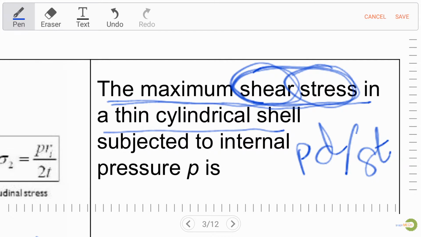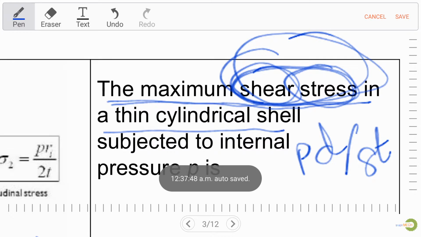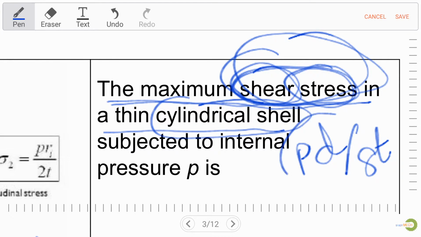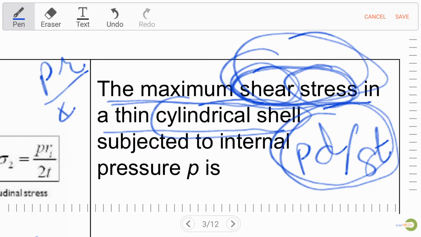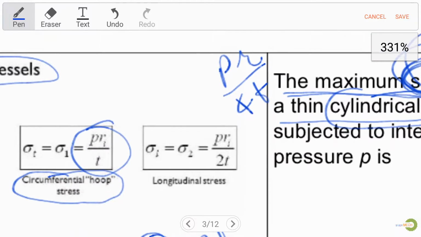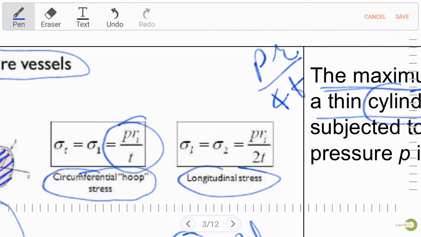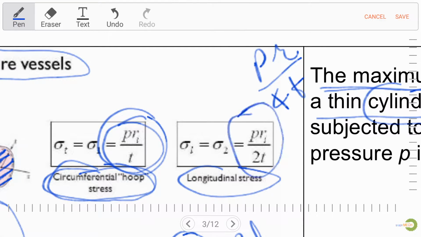Always remember, if we discuss shear stress, then our equation for cylindrical shell is PD upon 8T, or we can write PR upon 4T. So don't confuse shear stress with stresses like longitudinal stress and circumferential stress. In all the cases equations are different.